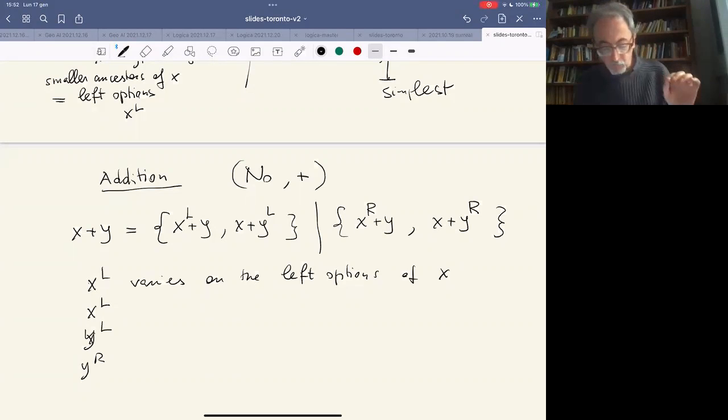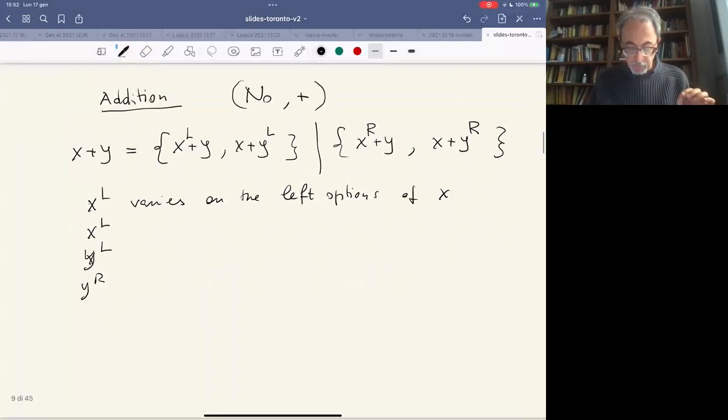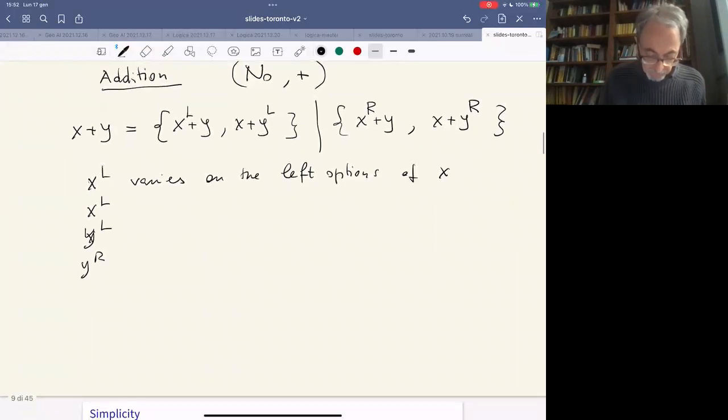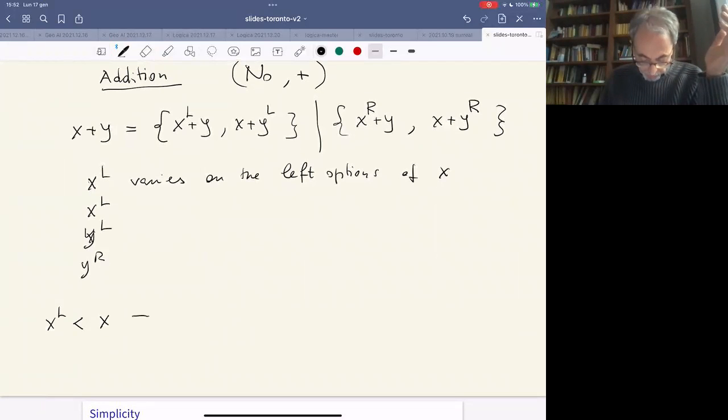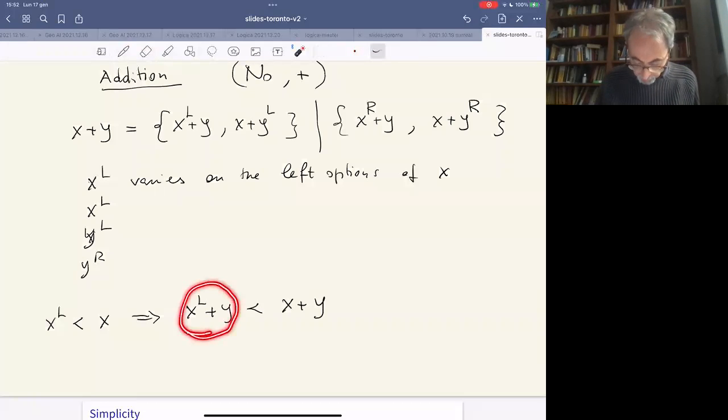So what is the motivation? The motivation is the following: since XL is less than X, you want an ordered field. In particular, you want an ordered group. This implies a posteriori that this plus this is less than this plus this. So you must put this object between the left options.